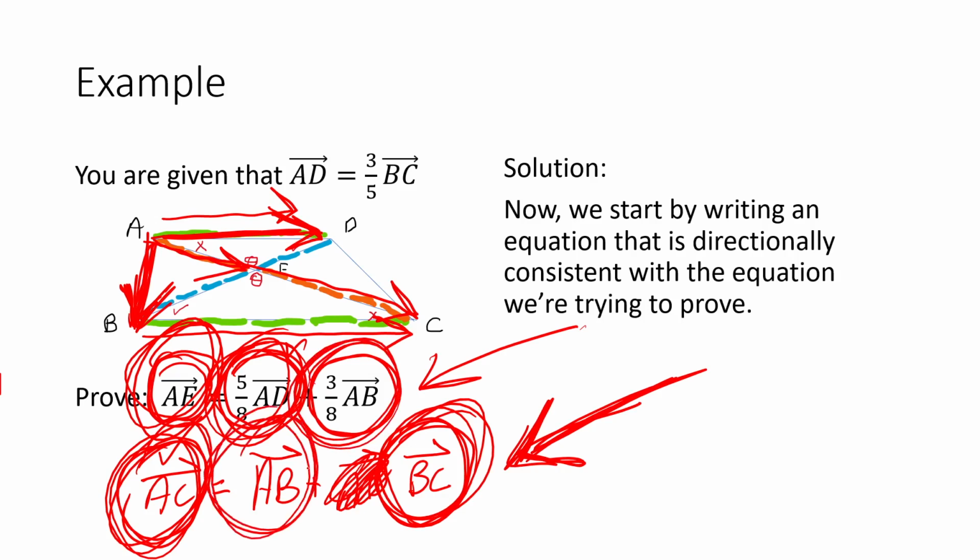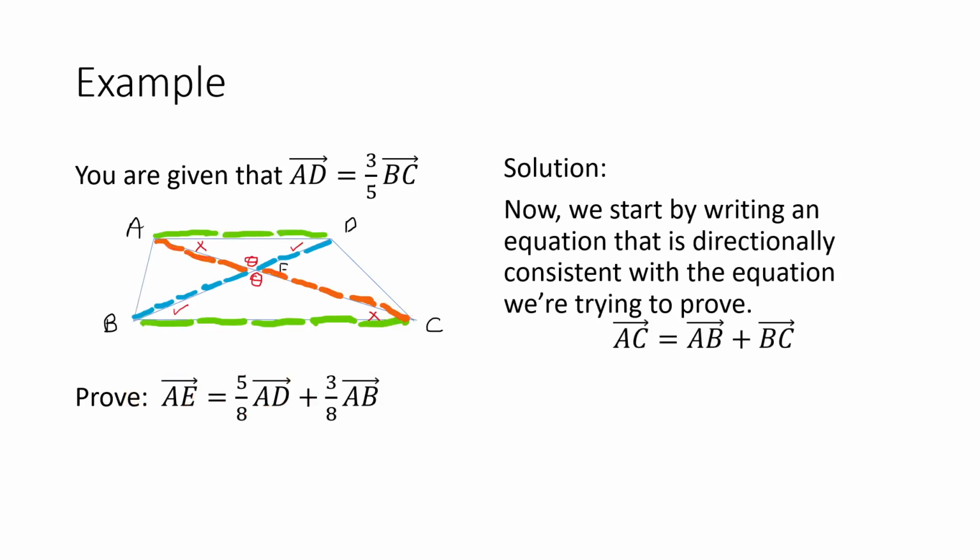So I've made a starting point. Now that I've got my directions in line, I can start working with my quantities with all those ratios that we talked about earlier. So that's what this says. AC equals AB plus BC. Right there, there's the first line of our proof, so to speak. And one more time, AE is diagonally here.